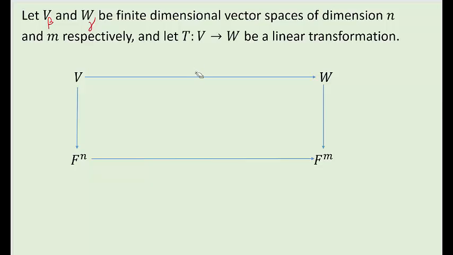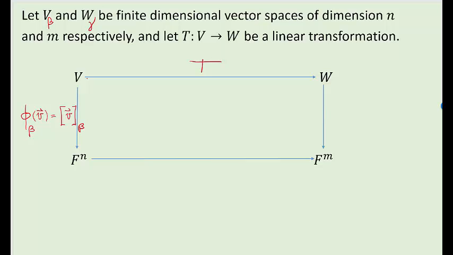T is a linear transformation from V to W. We could also send V to Fn by the mapping we have talked about before, phi sub beta, which gave any vector its coordinates in Fn. You can look back in your notes and you'll see that. It sends each vector to its coordinate vector in Fn.